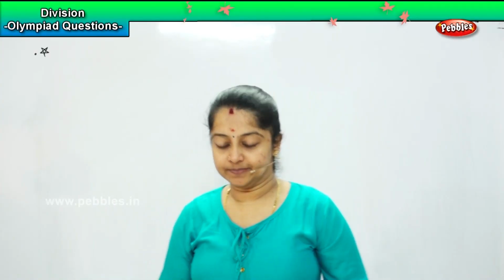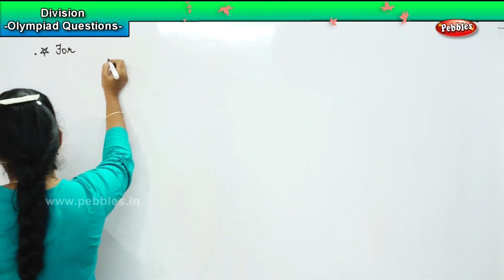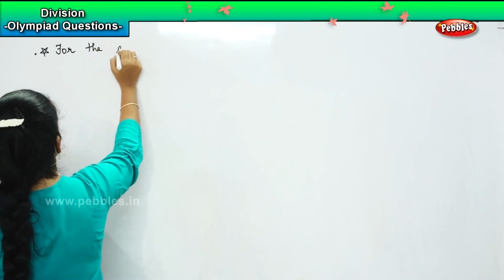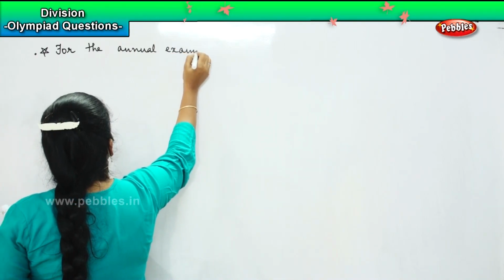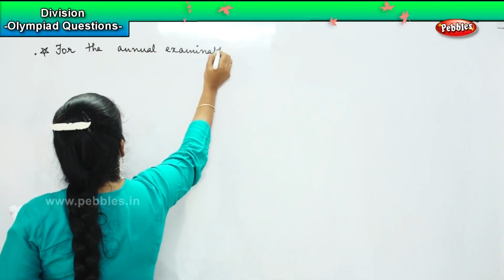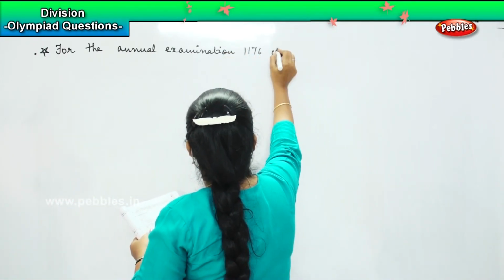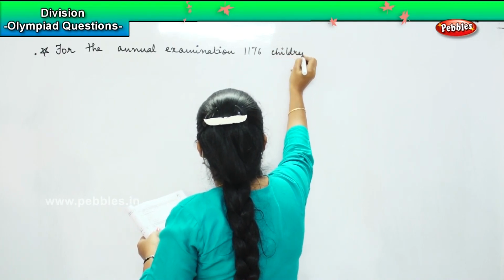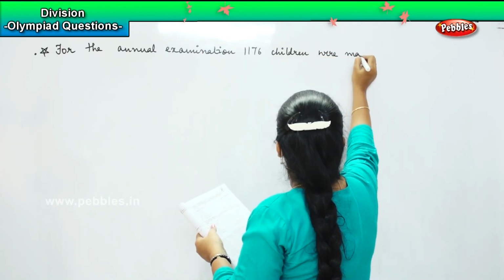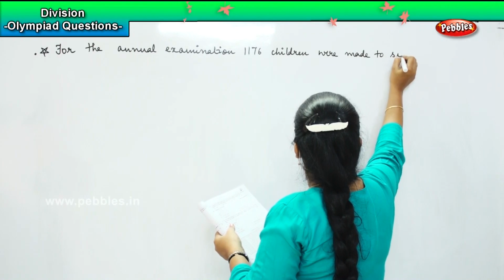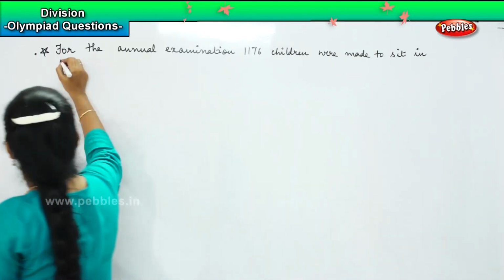Here is your next sum, children. For the annual examination, 1,176 children were made to sit in 21 rooms.